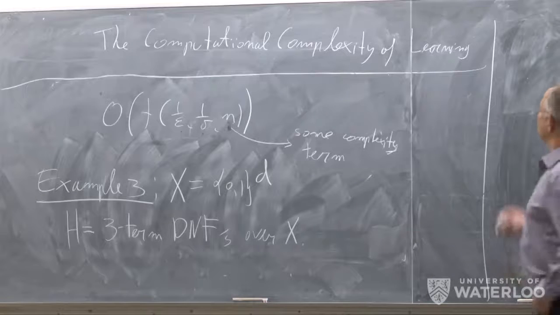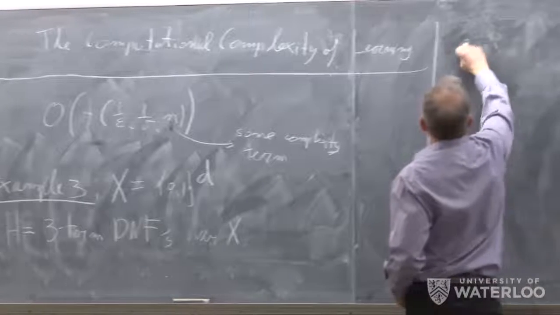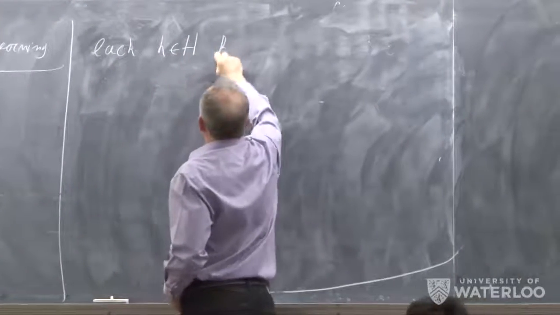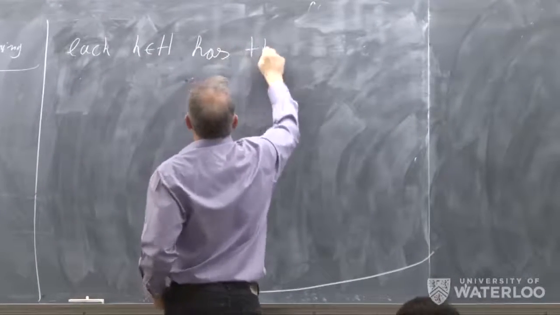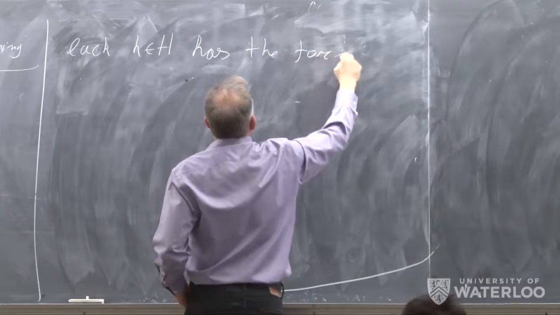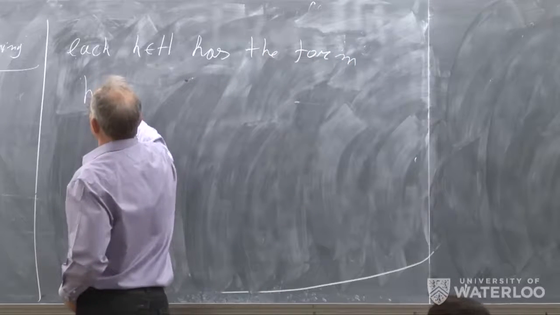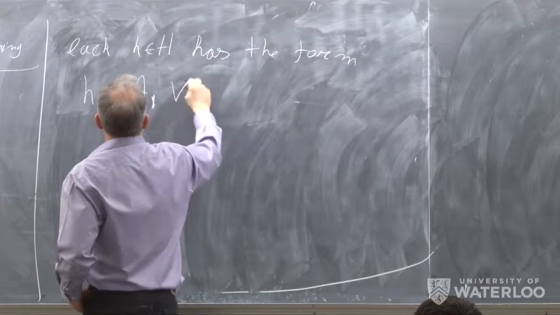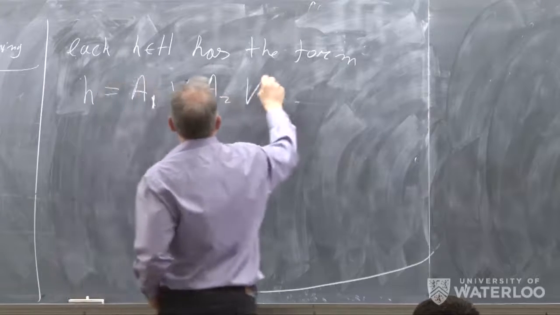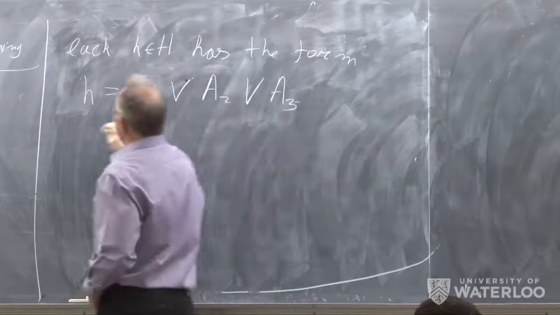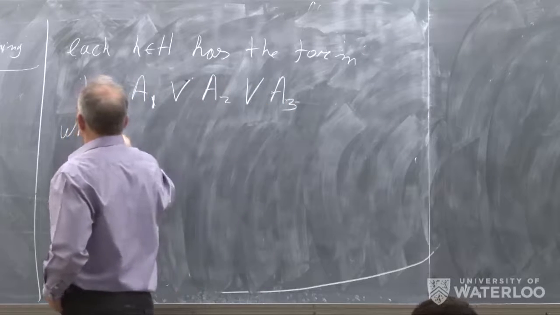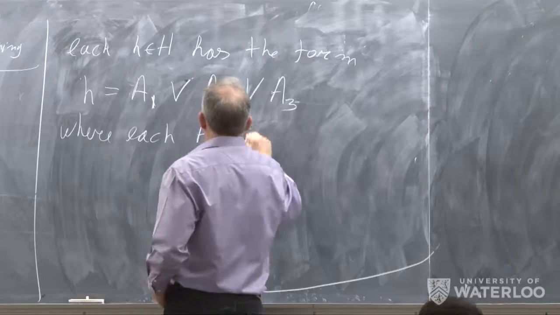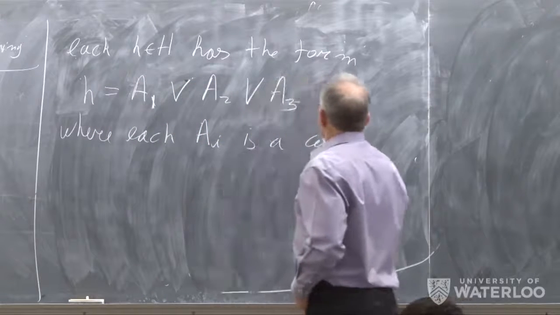Every h in H has the form h equals a1 or a2 or a3, where each ai is a conjunction.